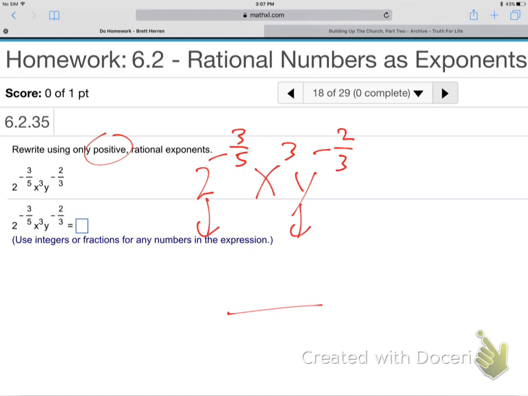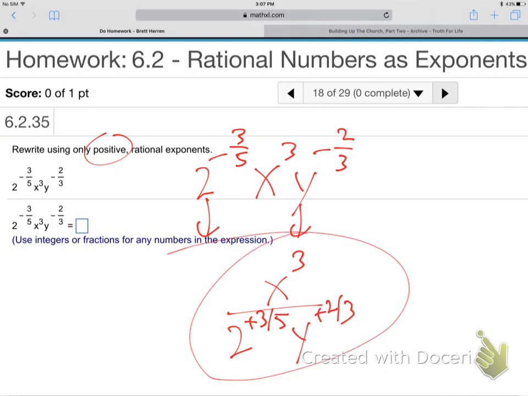So the x to the 3rd stays up. The 2 jumps down, positive 3/5. The y jumps down, positive 2/3. Done. Oh, you don't have to do anything special to the number? Nope, nothing, because you can't clean that up. You'd try to calculate some ugly decimal. Just leave it that way. No messing with it. Does that make sense? So just the negative powered ones jump. The others stay put.